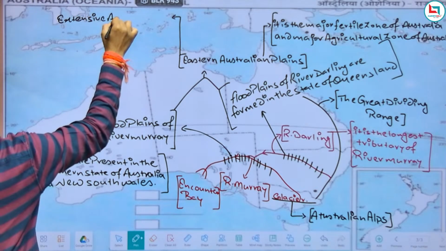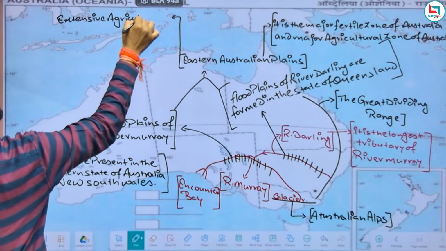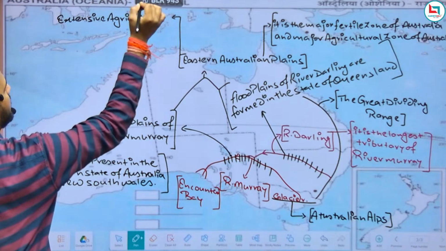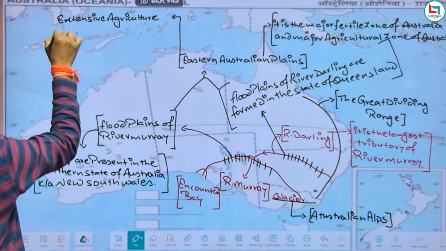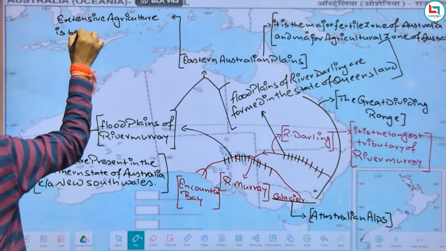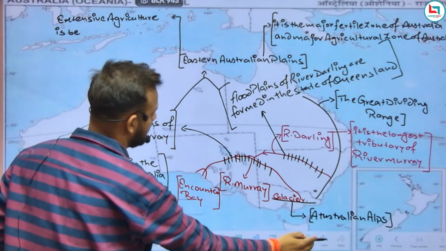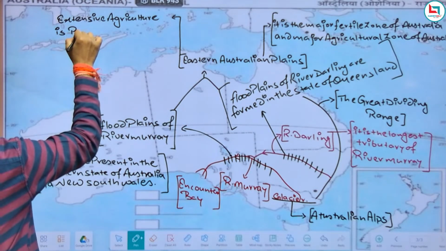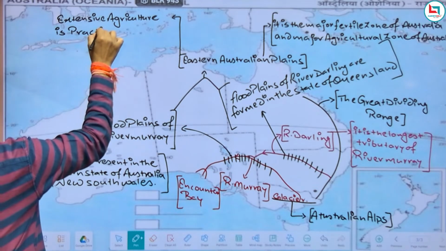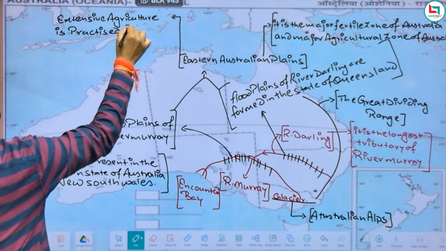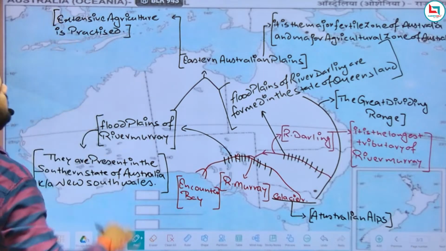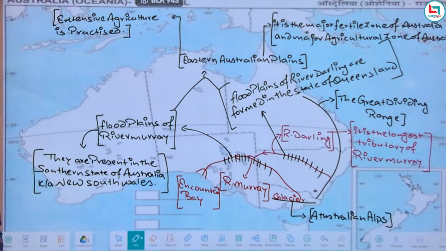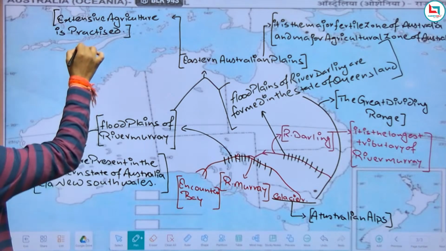Here we do the cultivation of wheat, and along with wheat we do animal rearing.